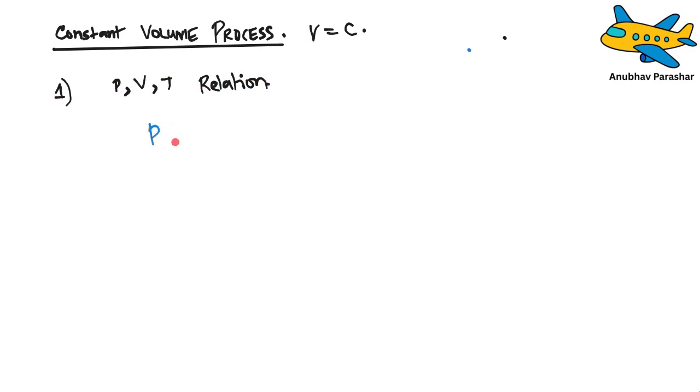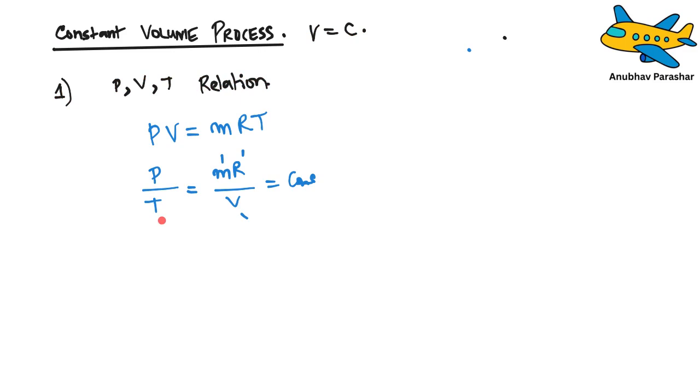Now we know PV is equal to mRT. Right? Now volume is constant, so I can write P divided by T is equal to mR by V. So this mR by V is a constant, right? Because m is constant, R is constant, and V is also constant.